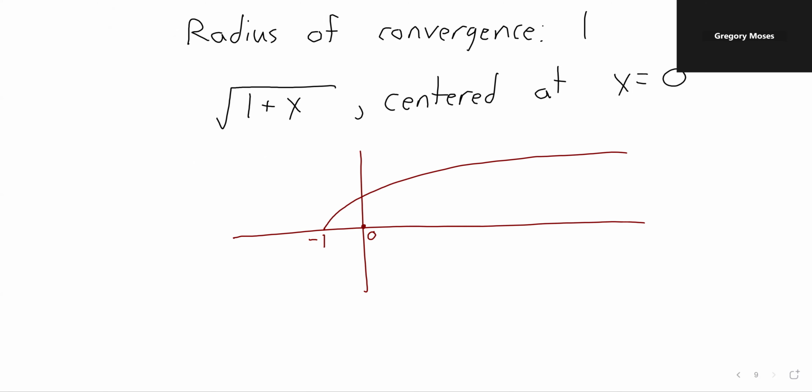So a radius of convergence of 1 gives us convergence on this interval. And this is the largest interval we could have convergence on. If we tried to have convergence on a larger interval, again, we'd have all of these values where the function isn't defined. And it doesn't make sense to say that it equals its Taylor series.